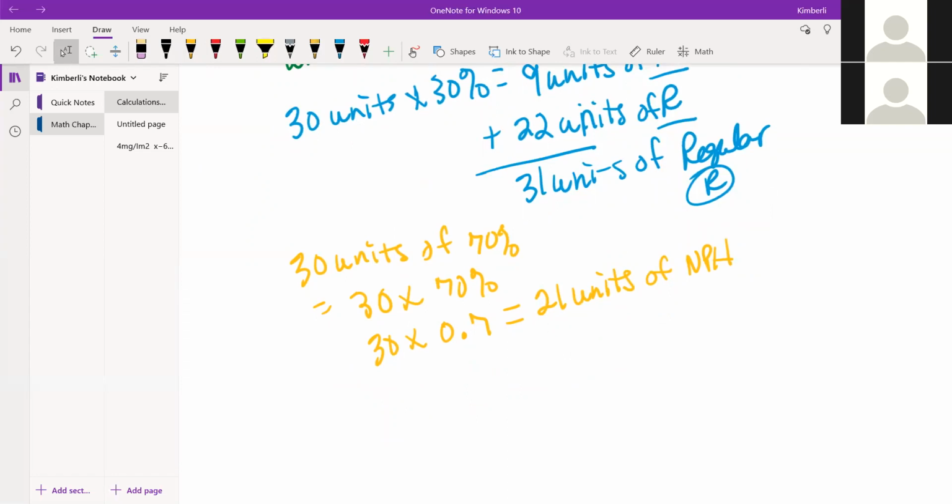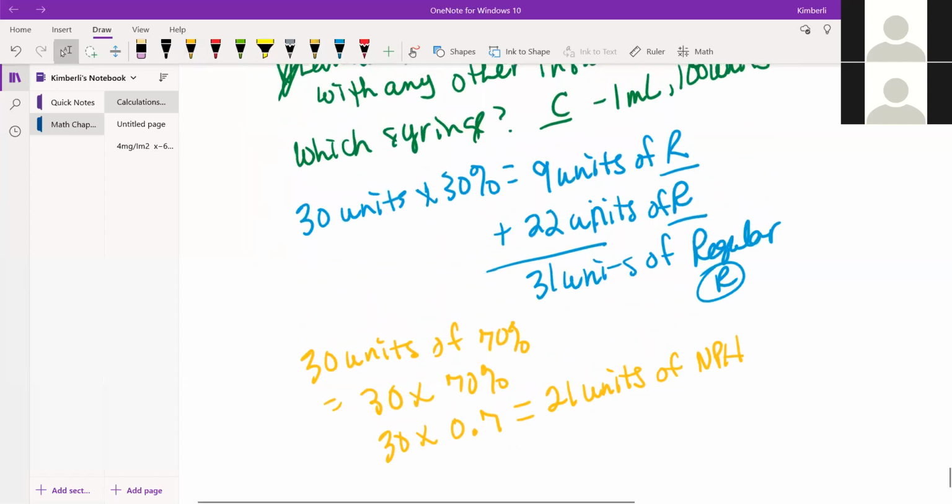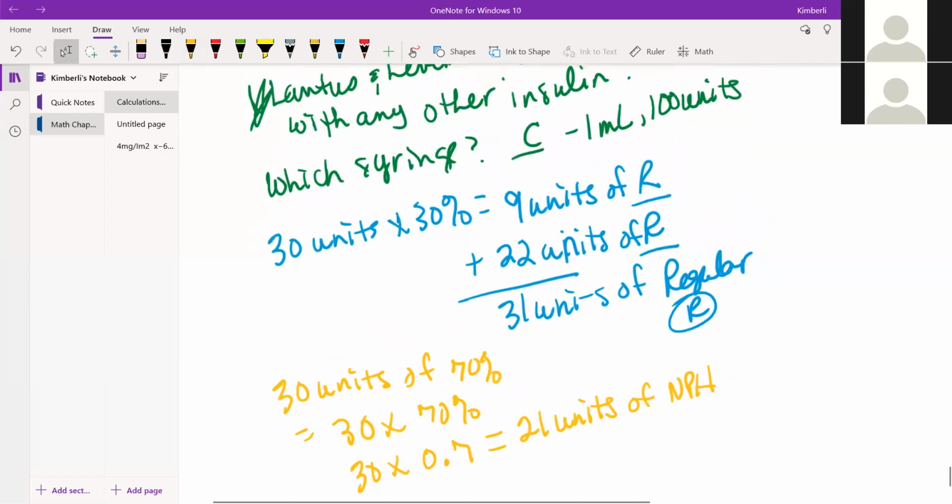Can't we make it 30 minus 9? It will be 21 because the rest of the 30 is the 70%. Exactly. That is exactly right.